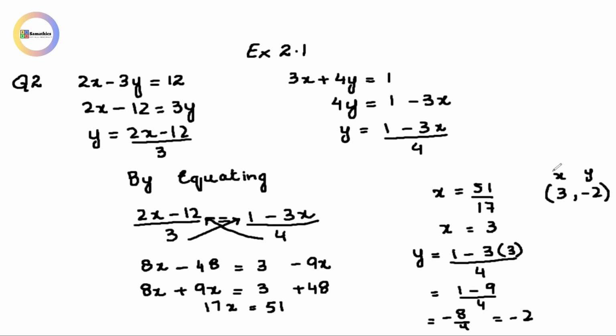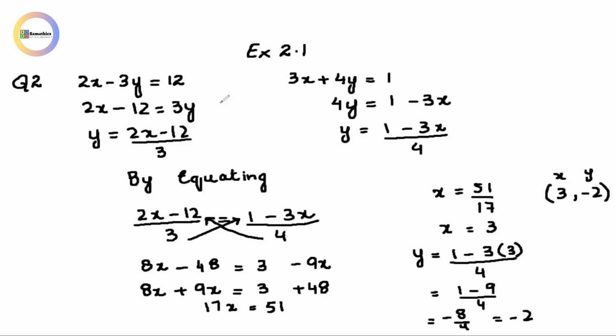So this is the way you have to solve simultaneous equations in two variables, and both the equations are linear equations, right? In exercise 2.1, all the equations are linear equations. You are solving simultaneous linear equations. These are easy to solve by equating method. You can make y the subject, any of the variable subject.